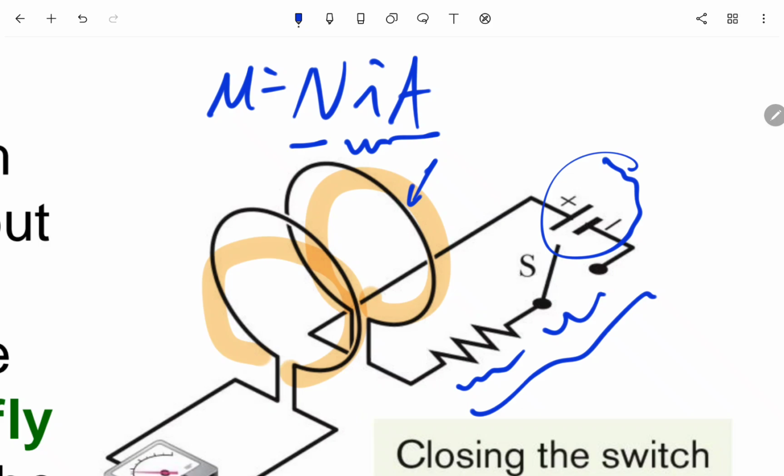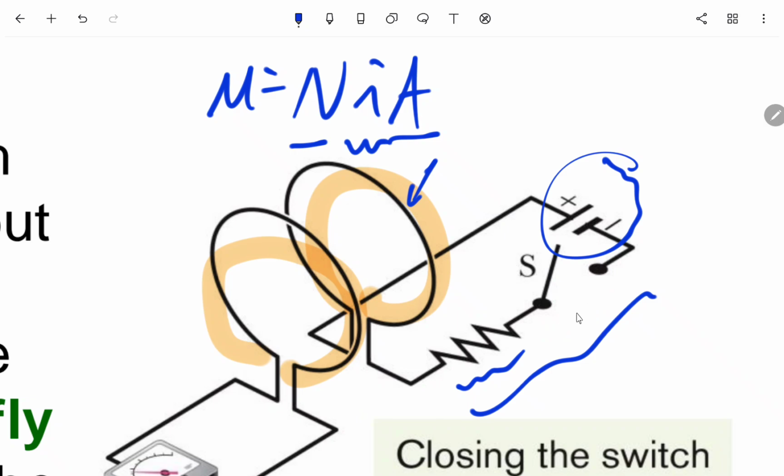The objective of this setup is that we don't need to move the loop. In the previous experiment we needed to move the magnet bar and have relative motion, but here we try to avoid any movement. We just need to switch it.